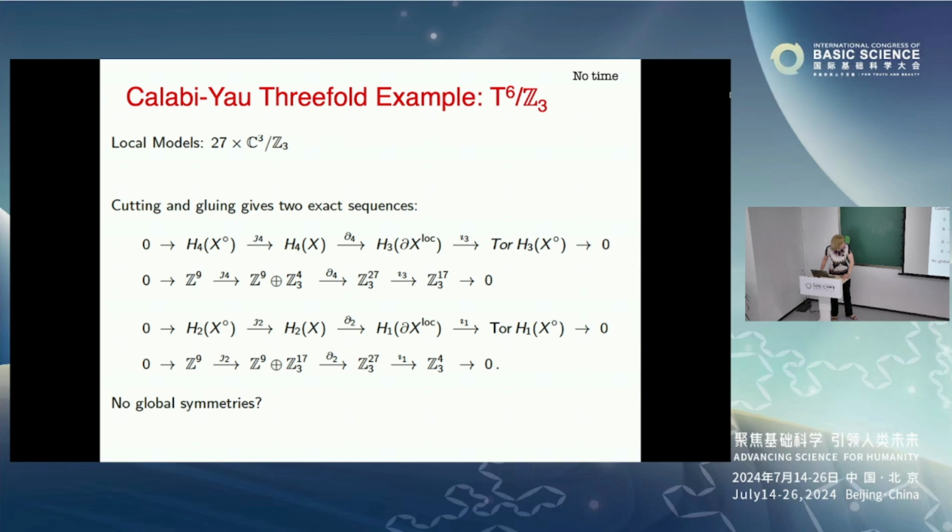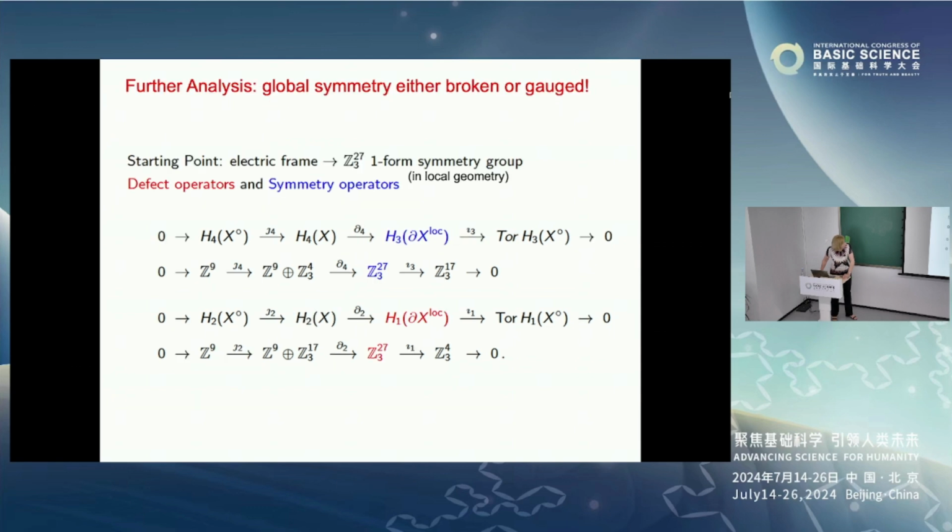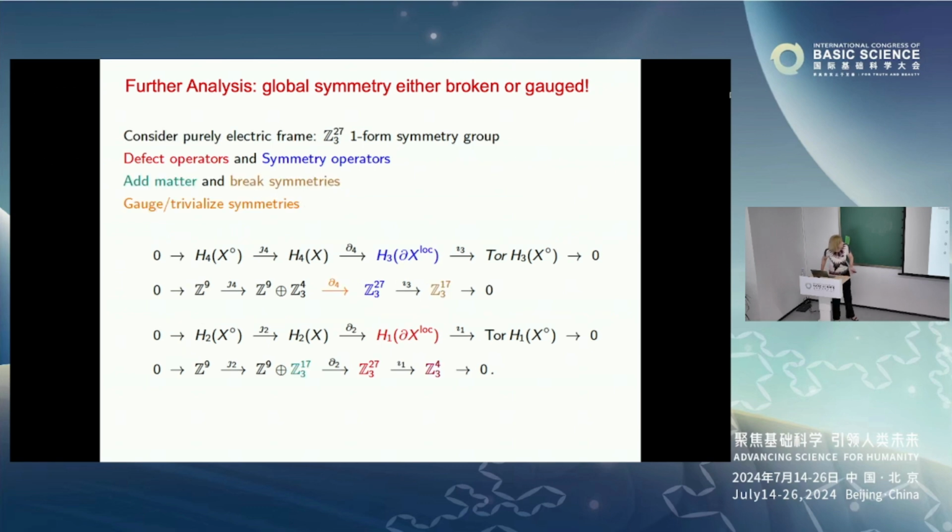But due to the lack of time, I should point out that this is associated now with symmetry operators, and there's a comparable thing where we are tracing defect operators. We also see whether we gauge or trivialize symmetries. This is associated with those maps.